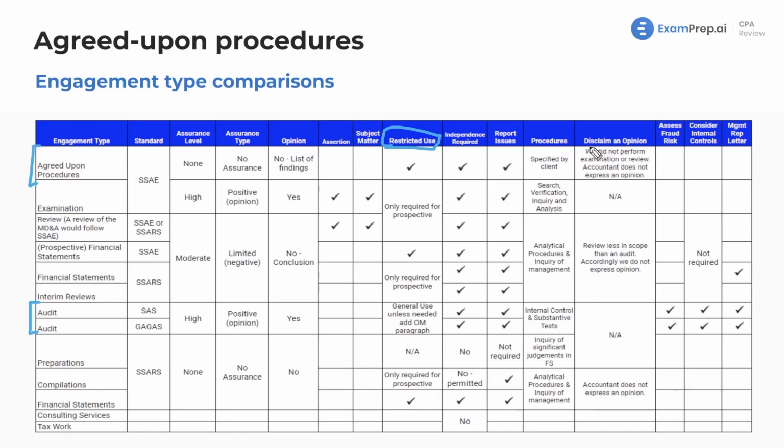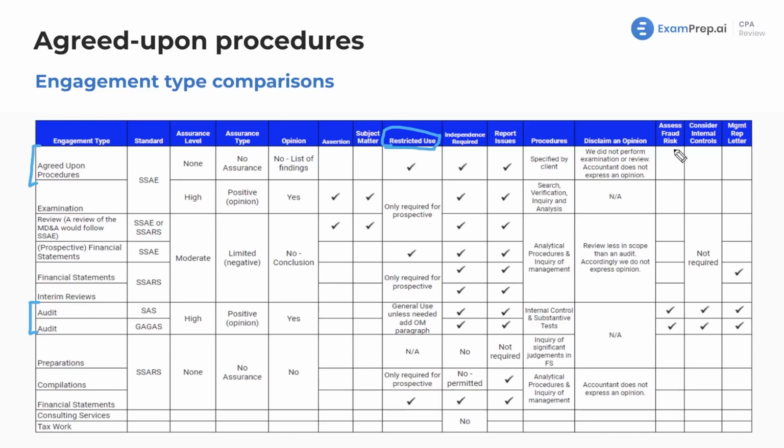What about disclaiming an opinion? Well, in agreed upon procedures, the report is going to explicitly say we did not perform an examination or review. That's not me arbitrarily picking out the words examination or review. This is the AICPA explicitly stating that you need to say this is not an examination or review, because it could be confused with those, and the accountant does not express an opinion.